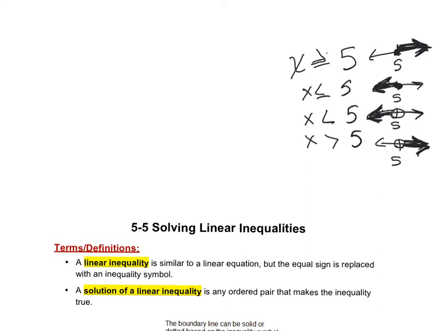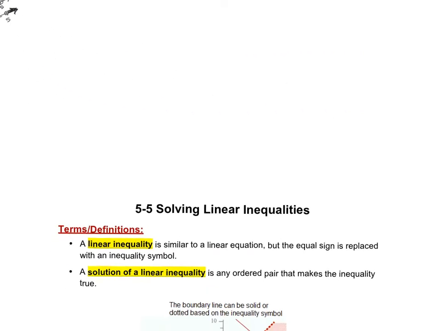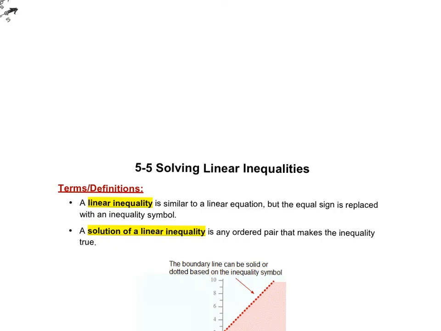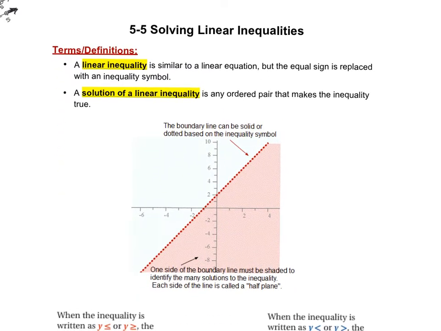So with that same concept in mind, we talk about linear inequalities. A linear inequality is similar to a linear equation, but the difference is that you use an inequality symbol and the solution of the linear inequality is any ordered pair that makes the inequality true.